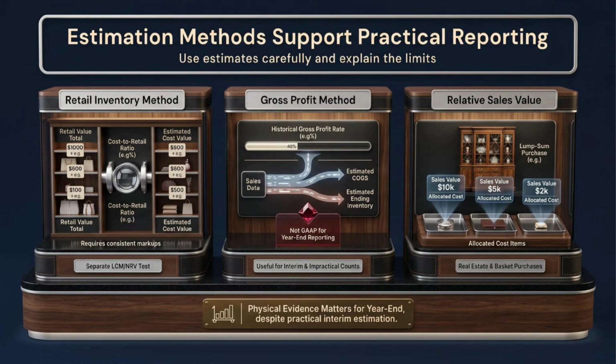It can be useful for interim periods, insurance claims, or when a count is temporarily unavailable, but it is not the basis for year end US GAAP reporting. Relative sales value allocation assigns a lump sum purchase cost across items based on each item's share of total expected sales value. Estimates are useful, but year end evidence still matters.